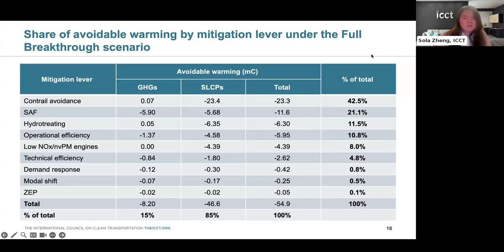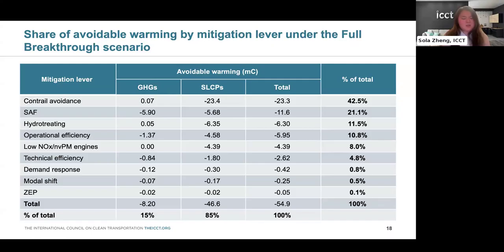And then I think two key trends here. One is that SAF, you will notice, has equally significant contributions in reduced GHG warming and reduced SLCP driven warming. And it's really highlighting the double benefits of investing in SAF.